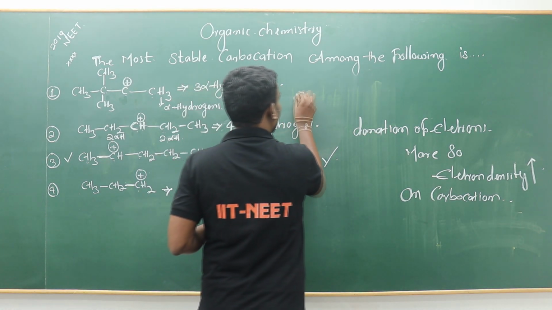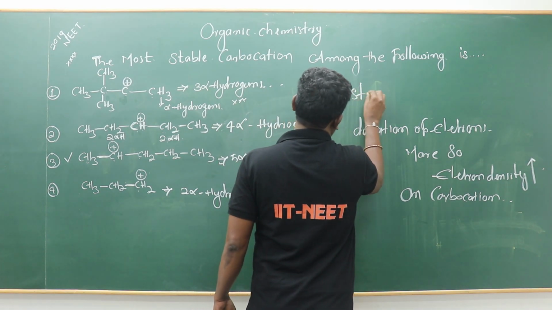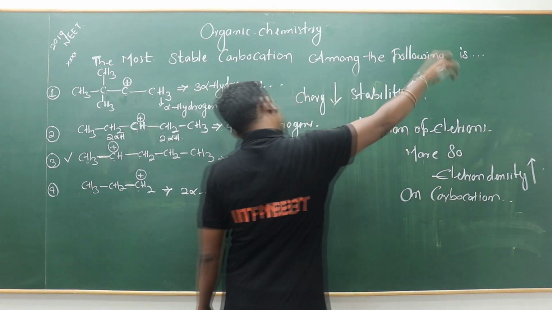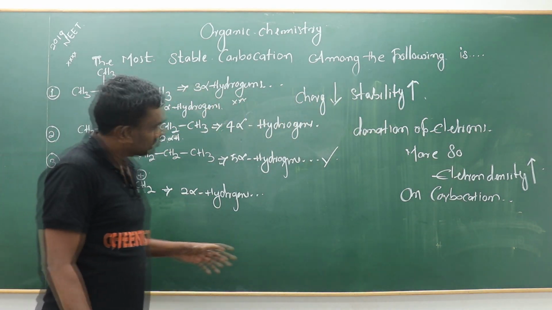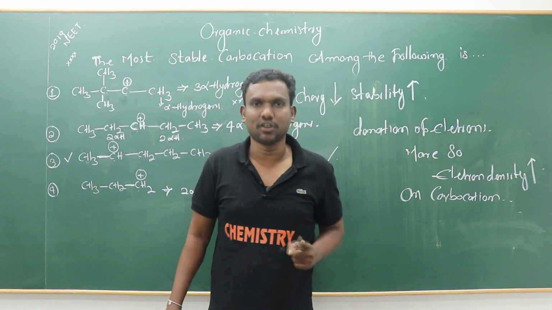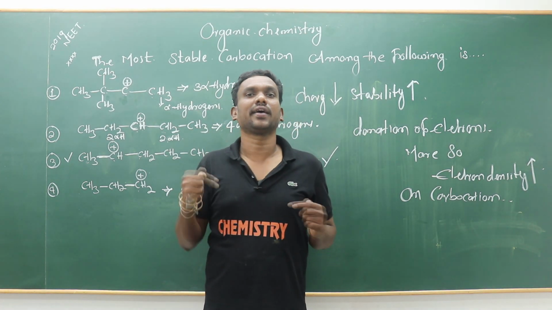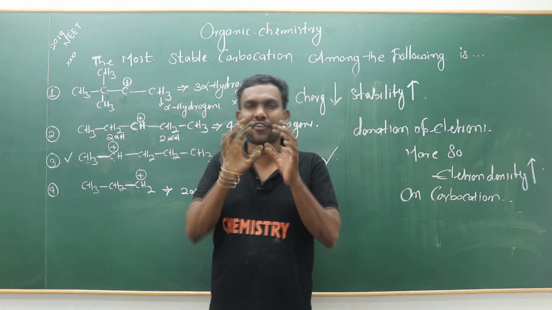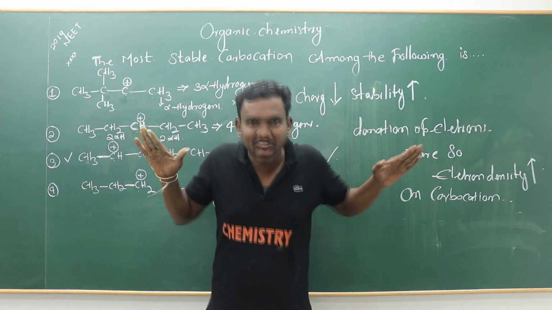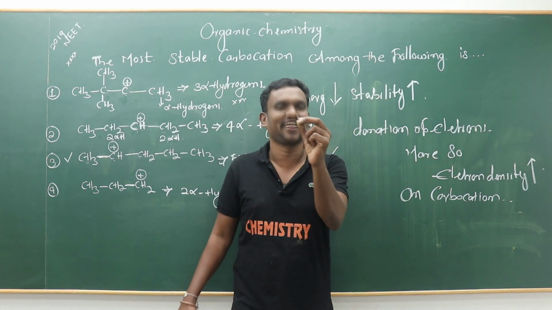So charge decreases, stability increases. Sir, electron is negative charge. Point number one, electron is negative charge. So that is the reason. More number of alpha hydrogens, more electron density reaches the carbocation. So charge decreases. When charge decreases, stability increases. That's all, my dear.